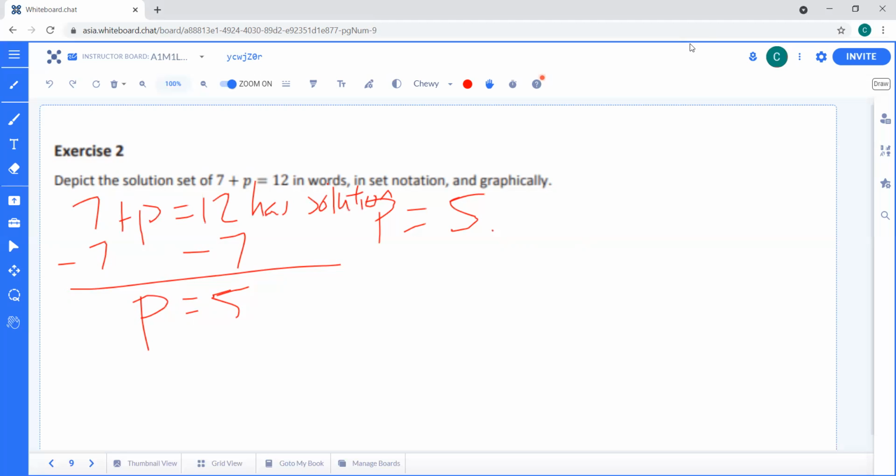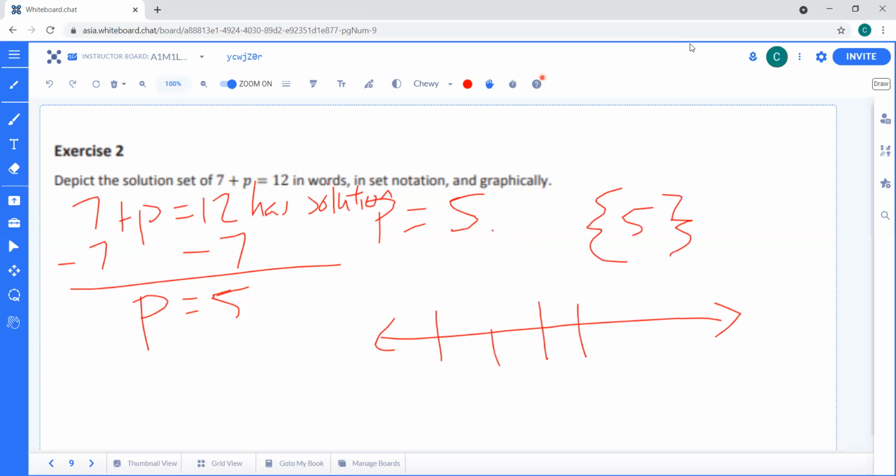Set notation would just simply be 5. Graphically, I just put it in the middle somewhere. I don't really care where you put it as long as you have it on here. And you would just have the solid dot just like last time. That shows that p is equal to 5.